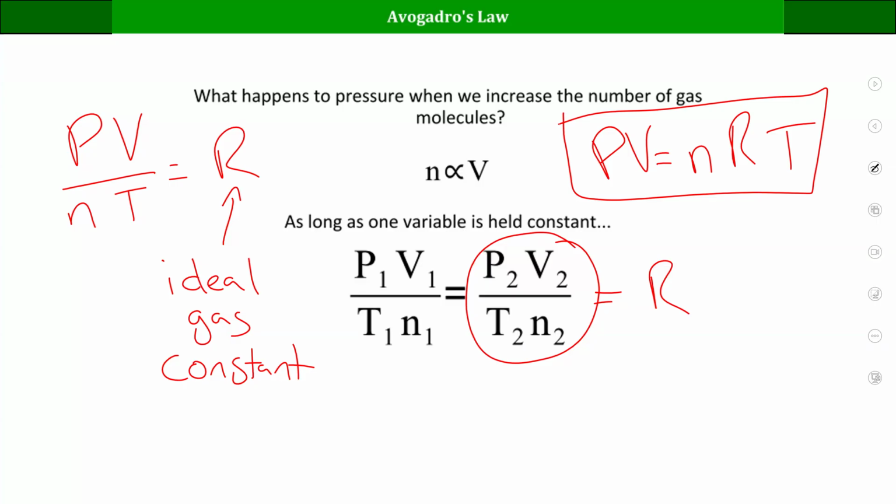Because this means as long as you know pressure, volume, and temperature, you know how many moles you have. Or if you know moles and temperature and volume, you know what the pressure is. As long as you know 3 of those variables, you can figure out what the last one is.